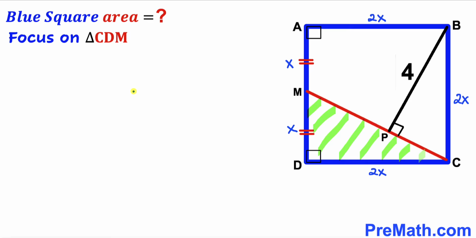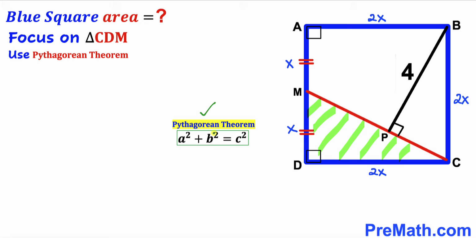And here's our next step. Let's focus on this right triangle CDM. Bear in mind that this angle is our 90-degree angle, since we are dealing with a square. We are going to apply the Pythagorean theorem on this triangle to solve for the hypotenuse MC. Here's our Pythagorean theorem: a squared plus b squared equals c squared. In our case, our two legs are x and 2x, and MC is the hypotenuse.